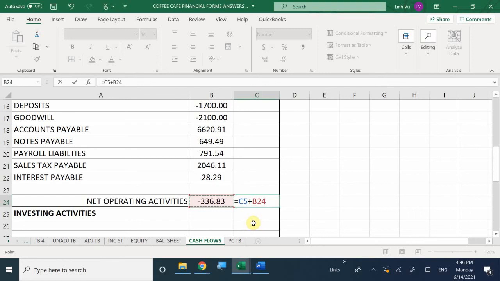On cash flow net operating, something was way off on mine. The prepaid was negative 6654.17, right? That's prepaid. Yes, negative 6654.17. Deposits was negative 17.